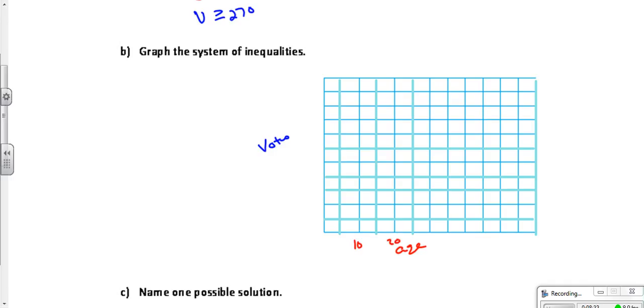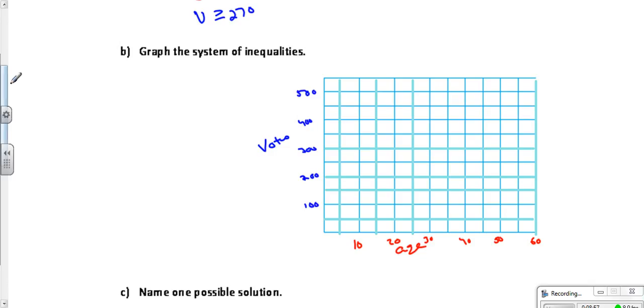So 10, 20, 30, 40, 50, and 60. Votes, I'm going to go by 50s, but I'll just write the hundreds in. So 100, 200, 300, 400, and 500.